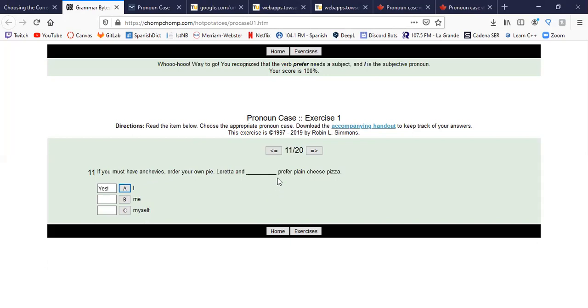Loretta and I prefer plain cheese pizza, not Loretta and me prefer plain cheese pizza. Although some people will say things like, me and Loretta prefer plain cheese pizza, but no. Because if you take out Loretta, then me wouldn't make sense by itself. So don't say Loretta and me, or me and Loretta prefer plain cheese pizza.